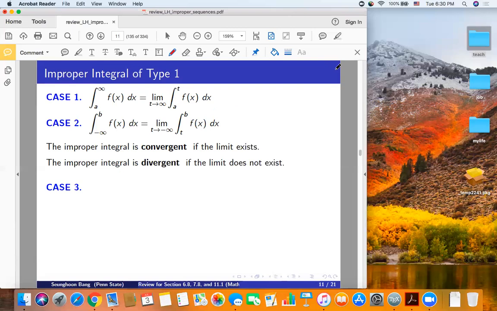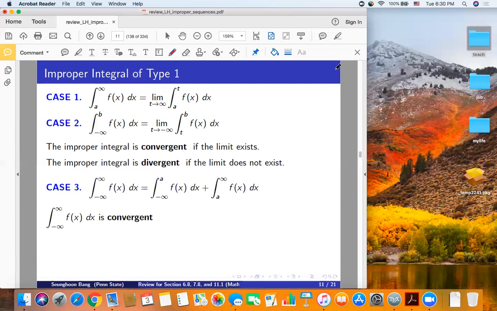So third case, the improper integral from minus infinity to positive infinity of f of x dx. How can you solve it? You can split it into two improper integrals. Integral from minus infinity to a of f of x dx plus integral from a to infinity of f of x dx.